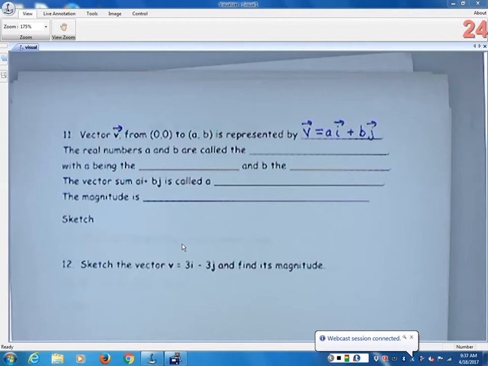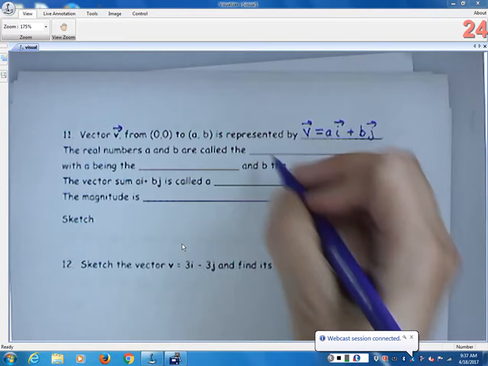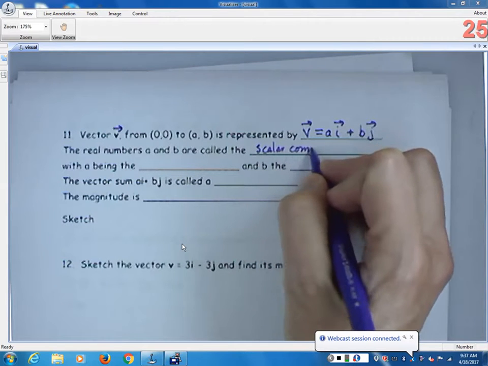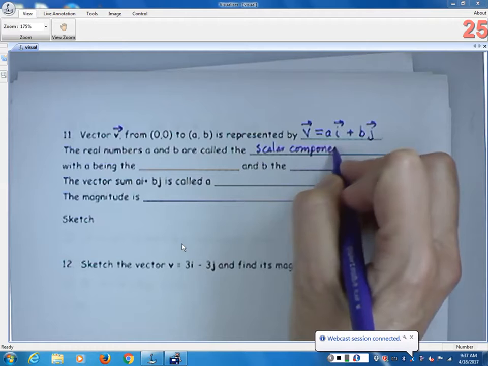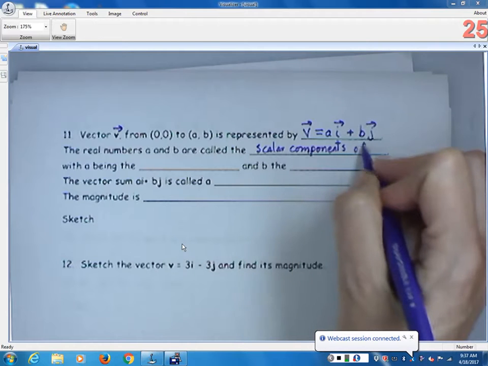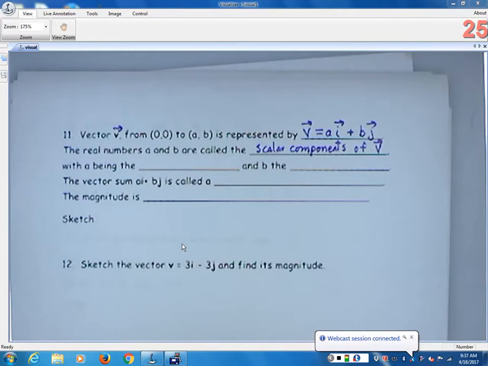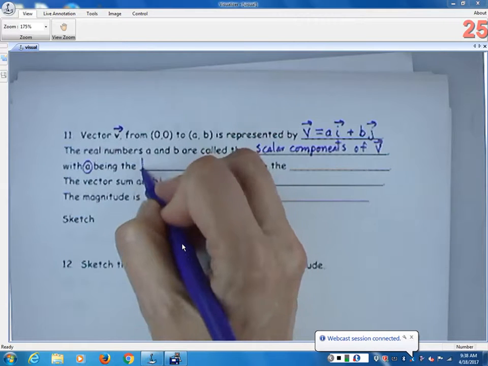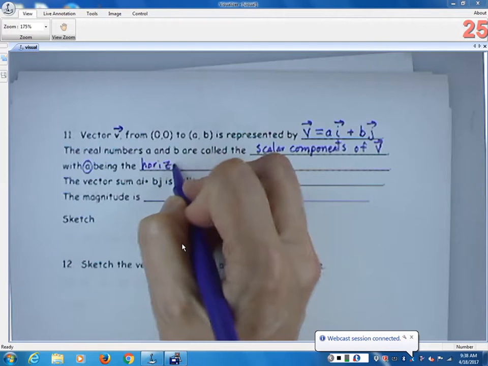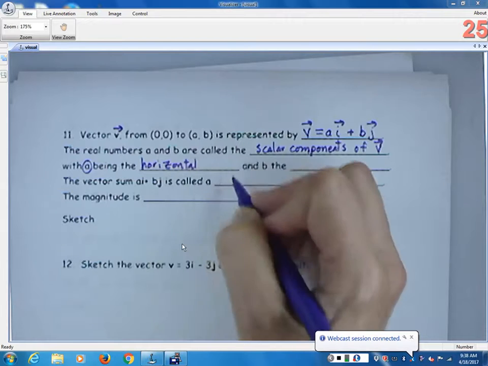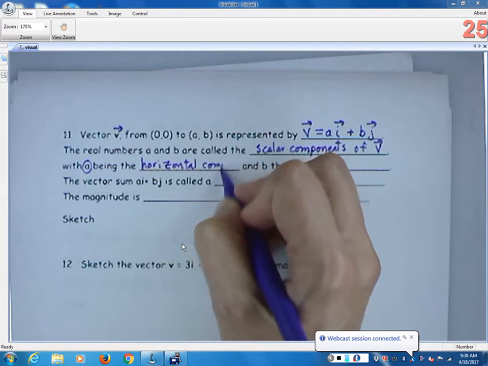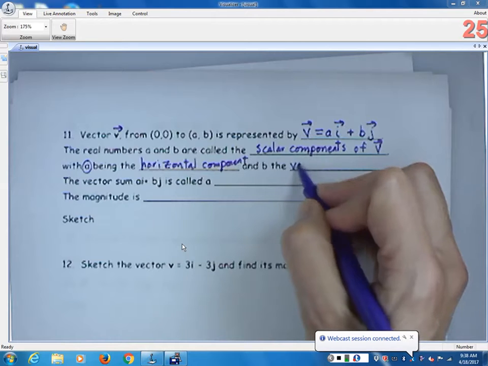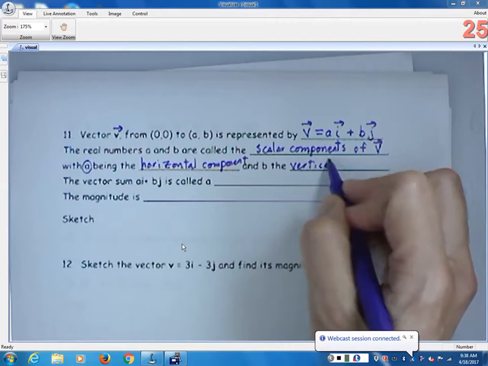The real numbers, a and b, are called the scalar components of v, with a being the horizontal component, and b is the vertical component.